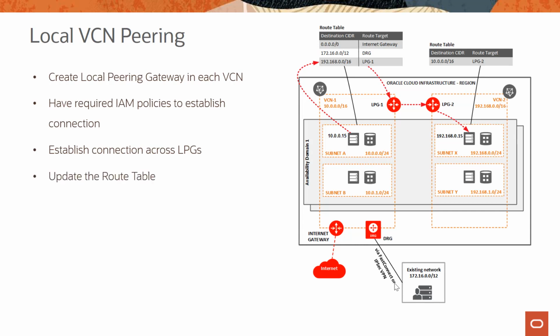Administrators in the respective VCNs can then update the VCN route table and also the security list and their rules to enable traffic between the peered VCNs as desired. And once that has been done, you can test the connectivity for the traffic flow.